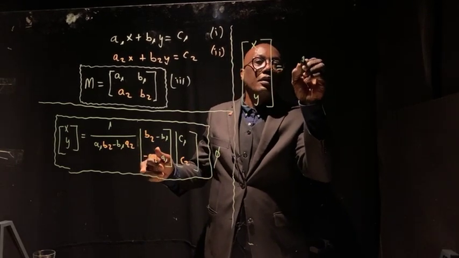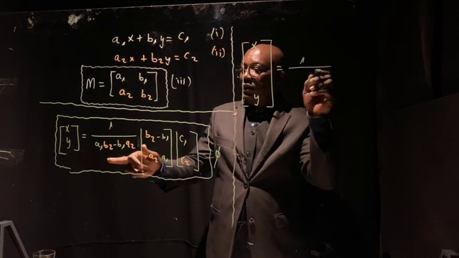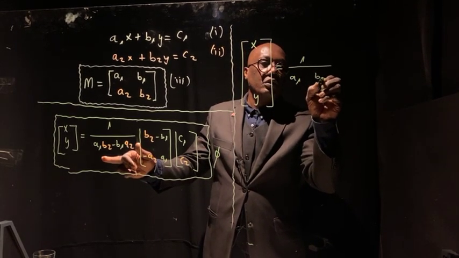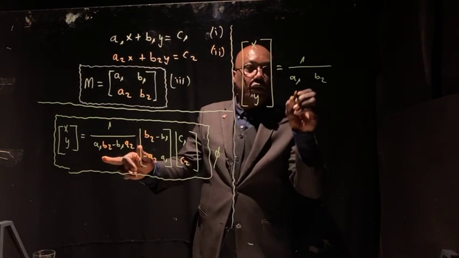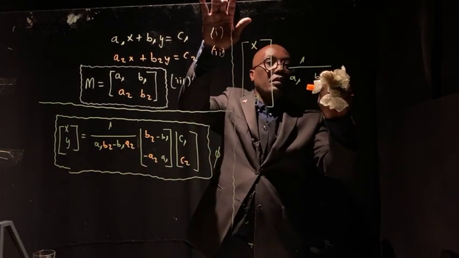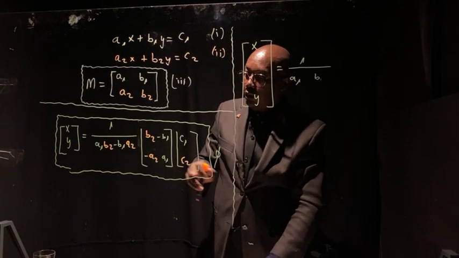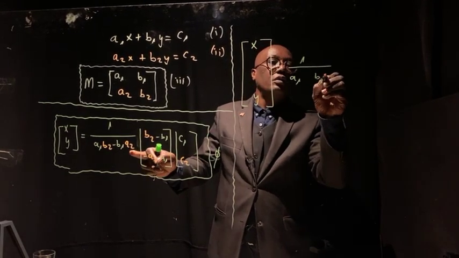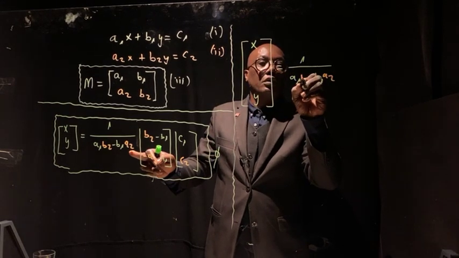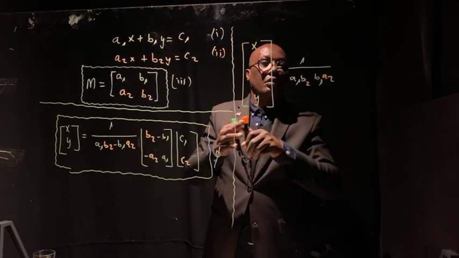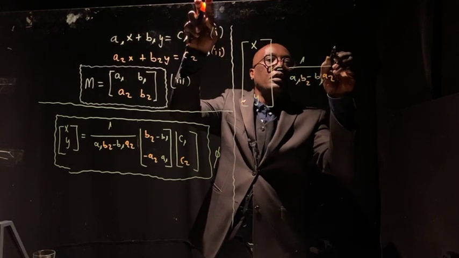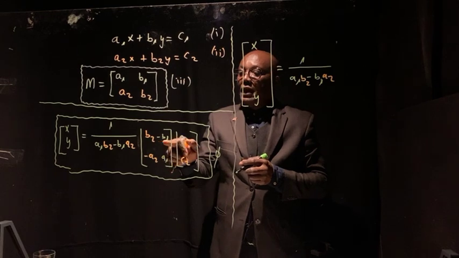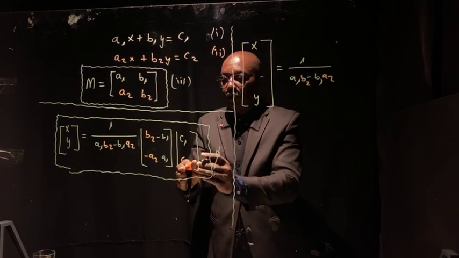Before that, I have to do the determinant. 1 over the determinant, which is a1 b2 minus b1 a2. Then we multiply this section to this section.